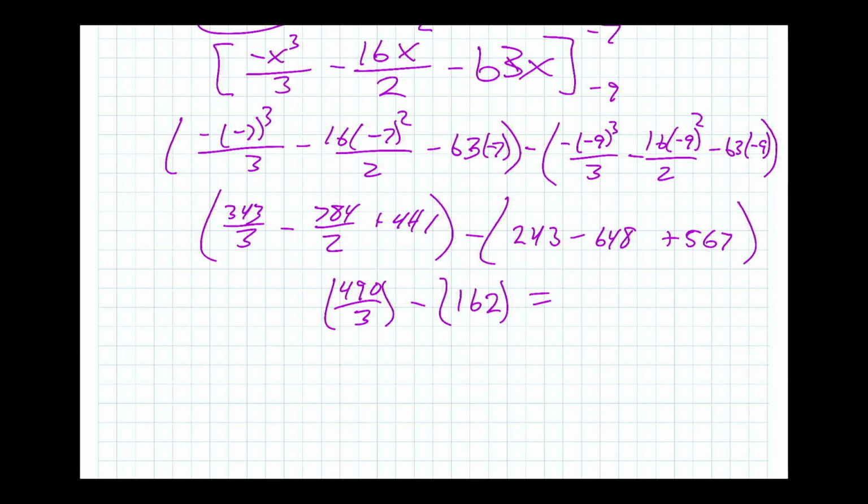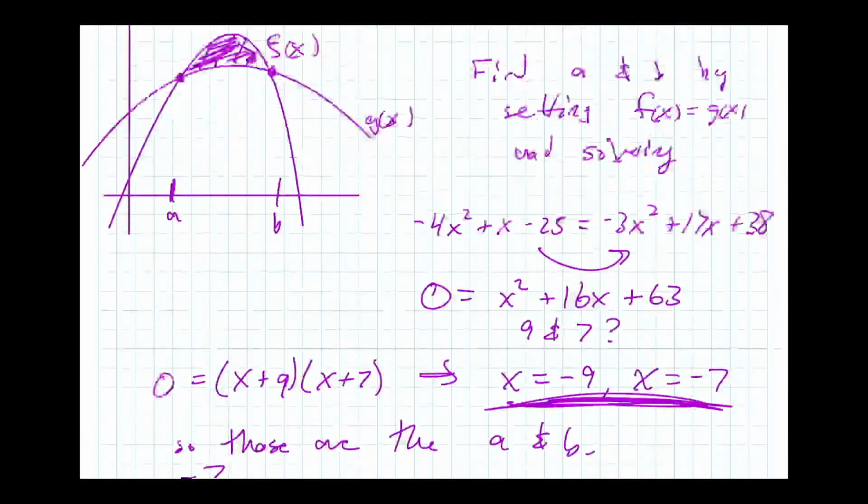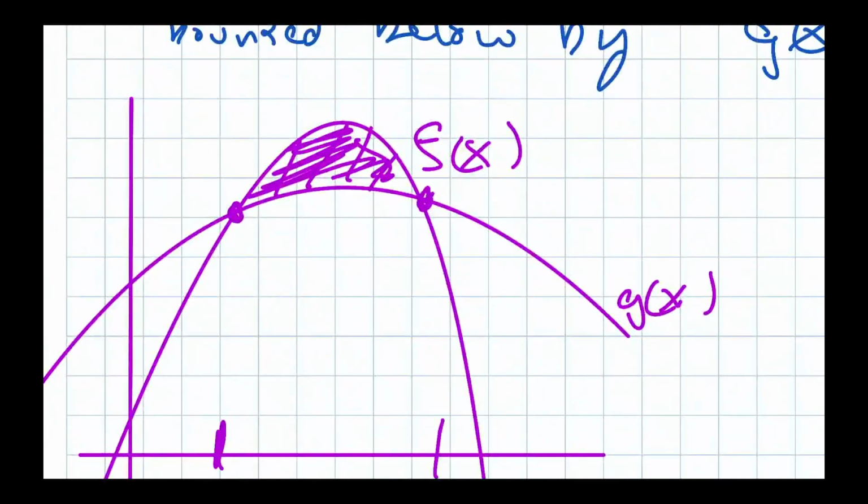So 490 over 3 minus 162, 4/3. Doesn't look like it was going to come up that simple, huh? 4/3. So there's really not that much area between them, right? Because the two curves are very close together.